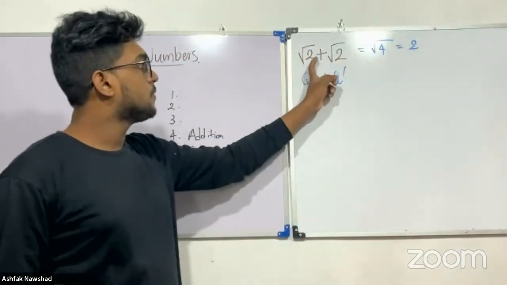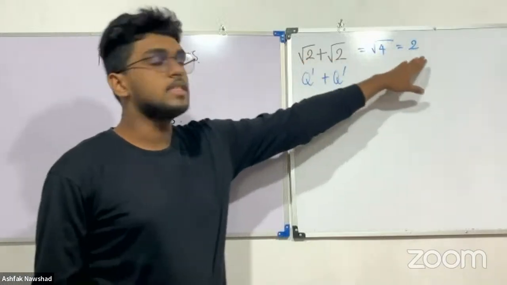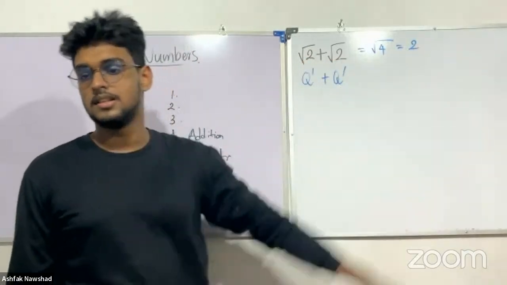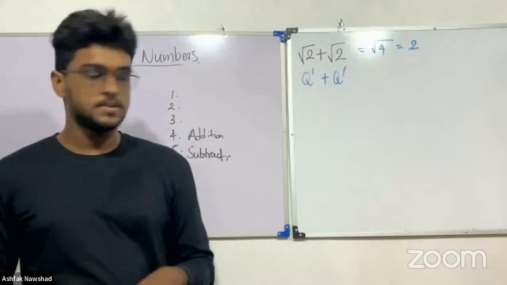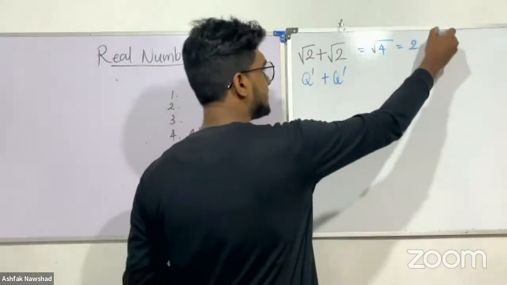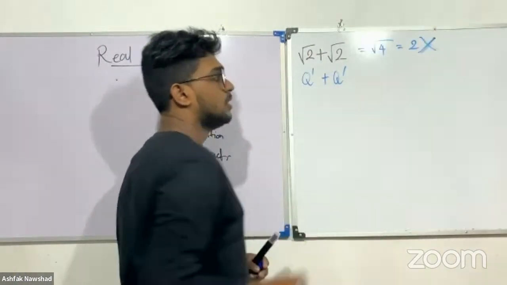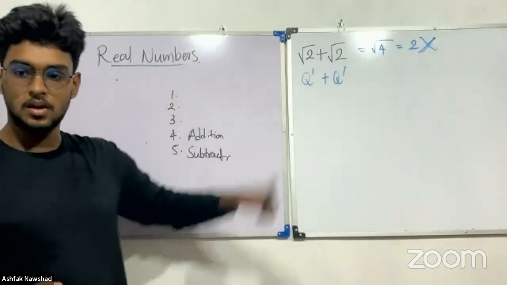If we add 2 irrational numbers and the result becomes rational, this is not possible. So this is totally wrong. So how do we add these two?